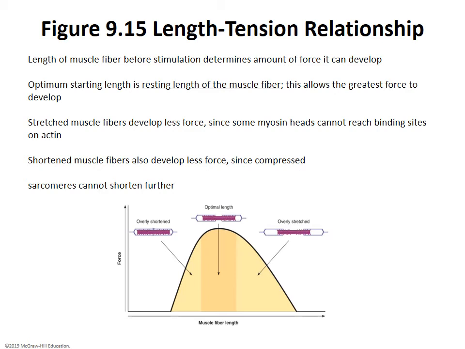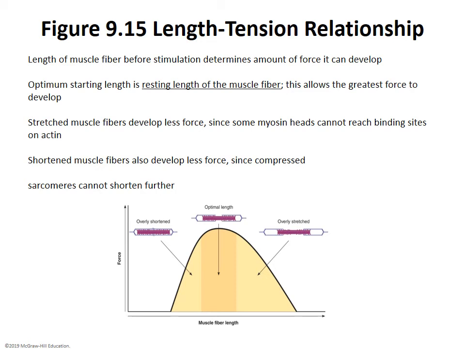And so when we start trying to contract, it's like saying I'm trying to do a tug of war, but if I have 10 people on each side, instead of all 10 pulling, I'm only using about 3. It's not going to have as much force. And so I'm wasting some effort. But once it starts pulling over, it'll get to this optimal length right in the middle, where all of the myosin heads are grabbing onto the actin.